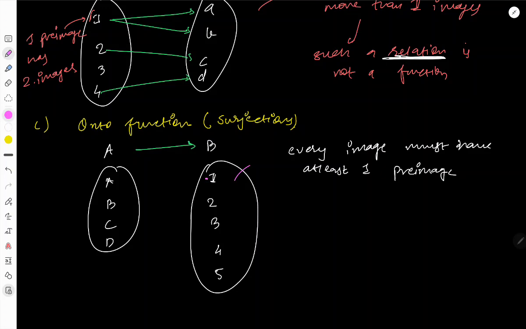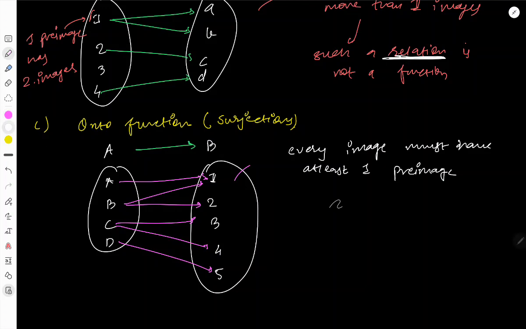So it can be 2, it can be 3. We can state it like this. And if B is related to 2, and I'm just randomly tracing. So now every element of the codomain is related to the domain.